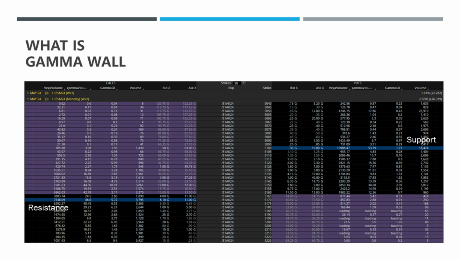So when I talk about gamma walls, I'm talking about the two price points which represent support and resistance on the option chain. They're represented based on the volume activity that we can see on the option chain.